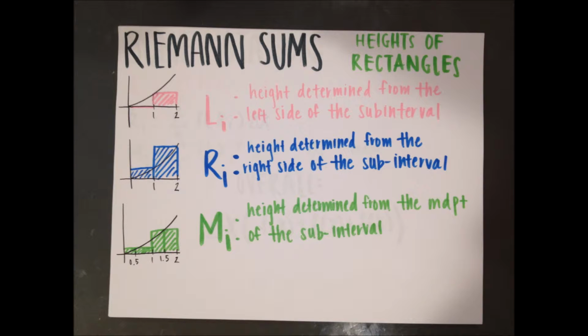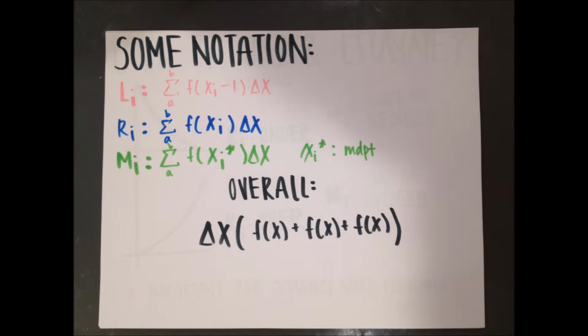R sub i is the height determined from the right side of the subinterval, and M sub i is the height determined from the midpoint of the subinterval. The graphs on the left are representations of these notations. The notations in pink, blue, and green are some other helpful notations. You can pause the video now and take a look at these three notations.